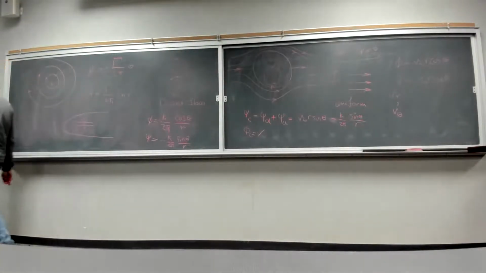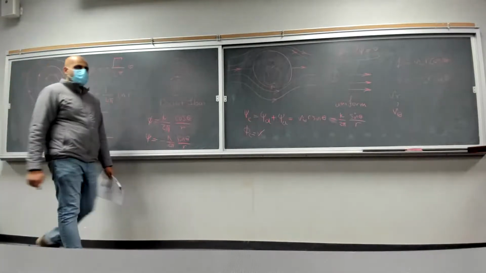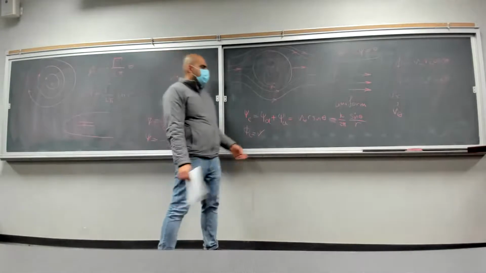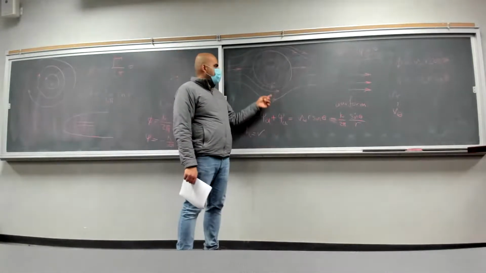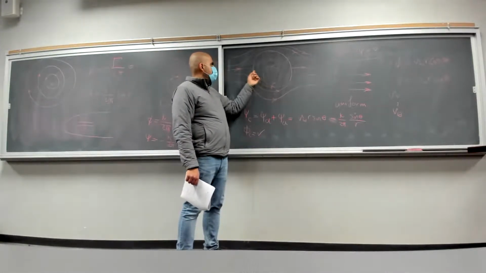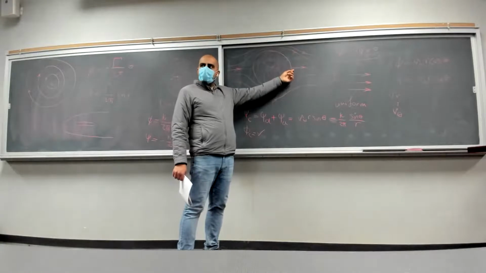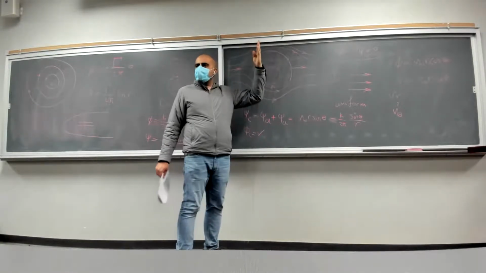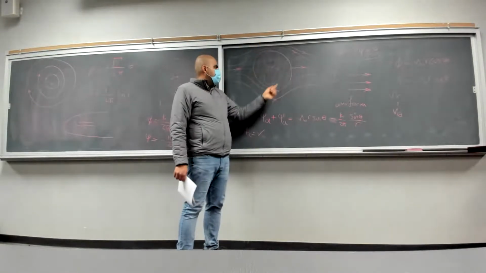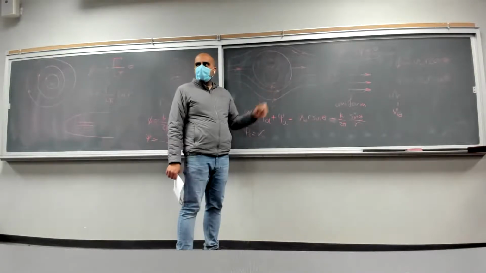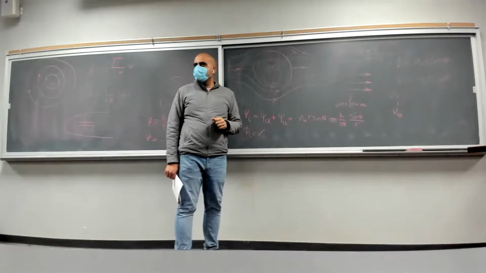The only thing you really need to know here is the strength of your kappa, which needs to be determined, which you should determine in a way that gives you zeros here, right? You have four boundaries essentially. 0 here, 2 V infinity here on the surface of the cylinder, right?